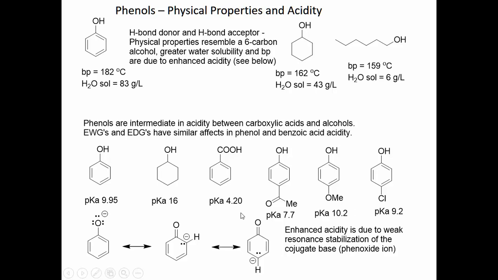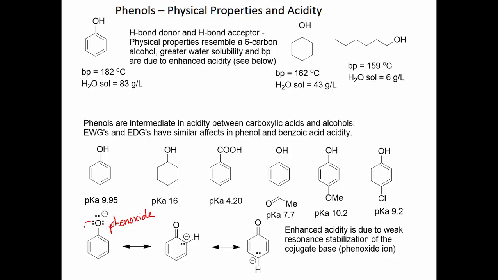So what's the reason for this enhanced acidity? It's the fact that we can write resonance structures for the conjugate base of the phenol, which we show here, and this is called the phenoxide ion. When we draw a phenoxide, you can see that there are resonance structures you can draw. Let's go ahead and draw the arrows here that connect these up.